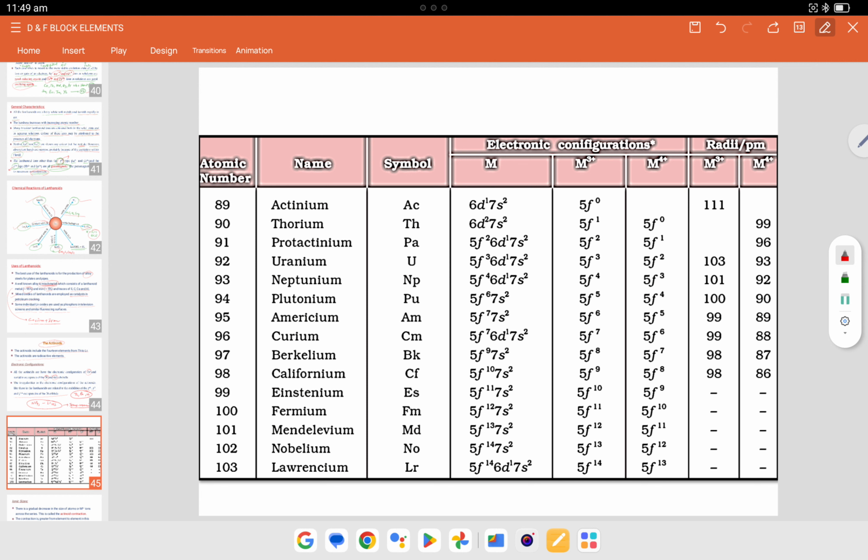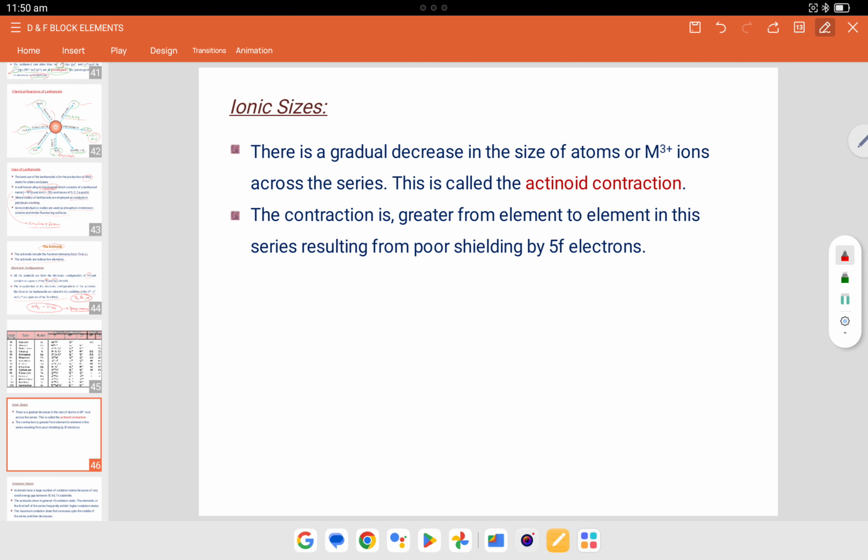Some names are based on scientists also. Ionic size: there is a gradual decrease in the size of atoms or M3+ ions across the series. This is called actinoid contraction. The contraction is greater from element to element in this series, resulting from poor shielding by 5f electrons.